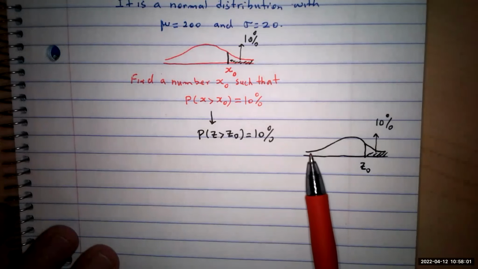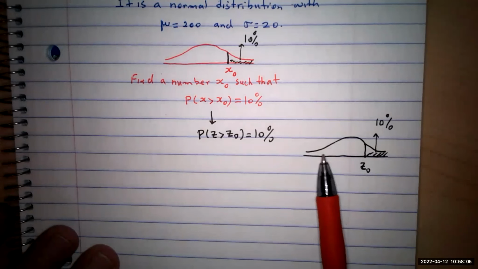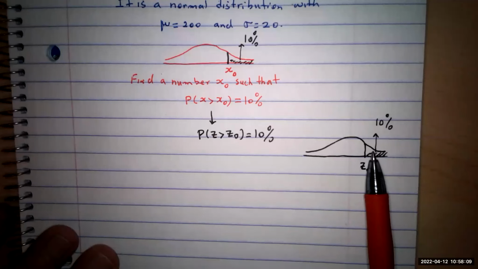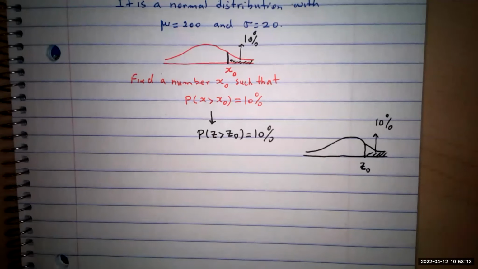Remember the total area under the z curve? The total area under the z curve is 100%. So if this is 10%, the leftover would be 90%.